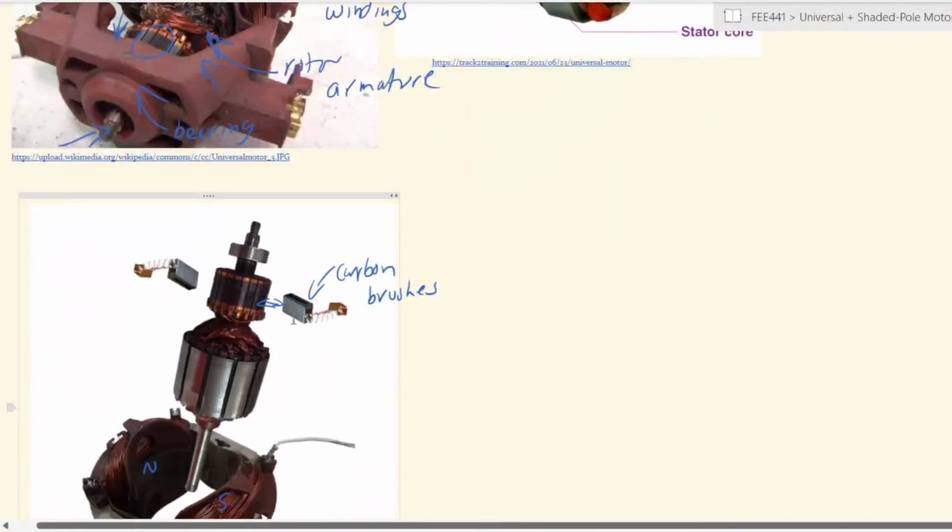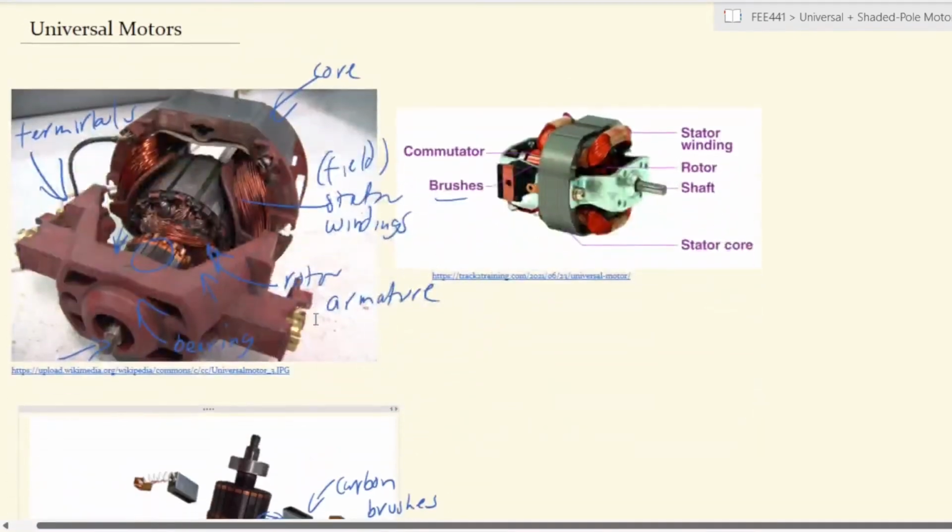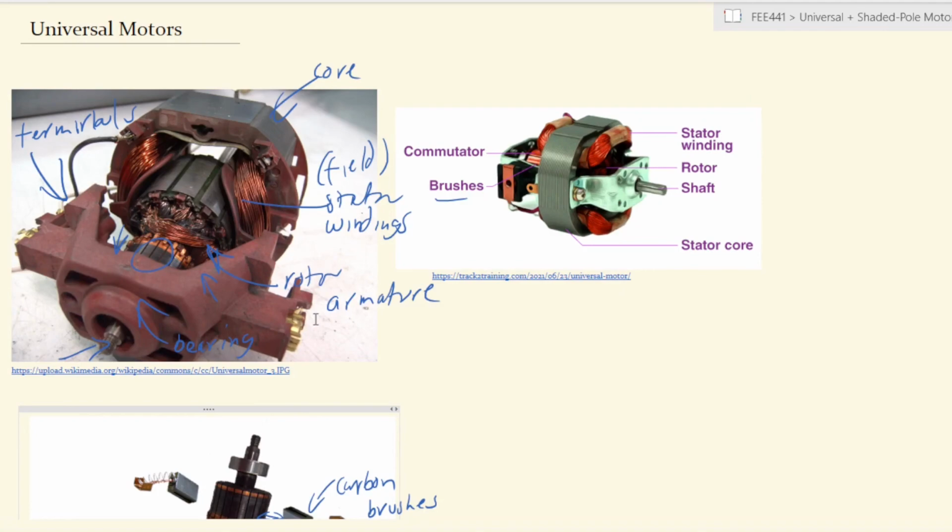These brushes that are here, because of their lubricating nature, you can see they are mounted on springs. So as they wear out, the spring pushes the carbon brush onto the commutator, but eventually they wear out completely and they need to be replaced. So that in a nutshell is the operation and advantages and disadvantages and applications of universal motors, and we will stop there.